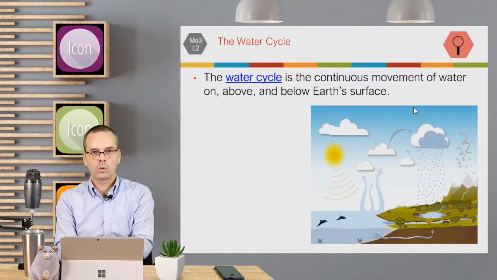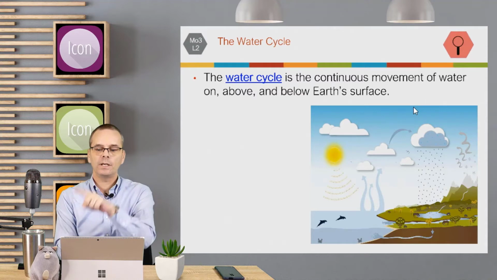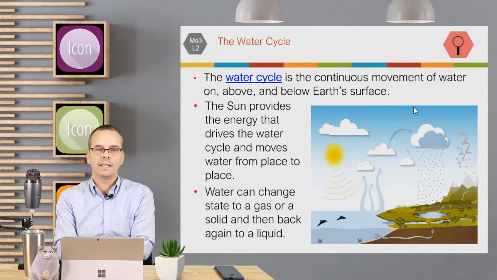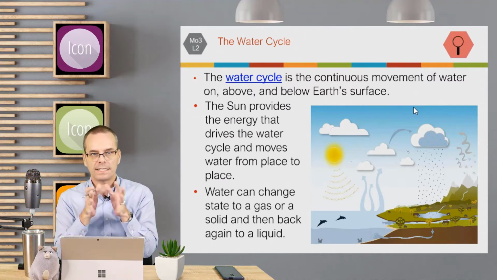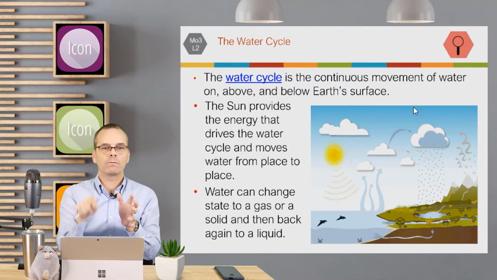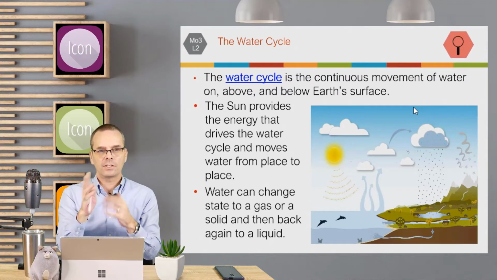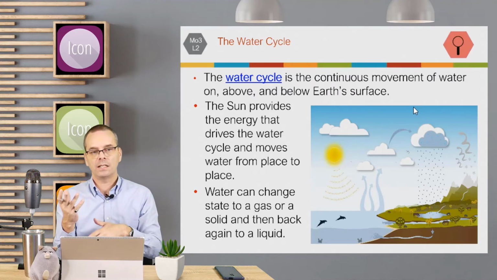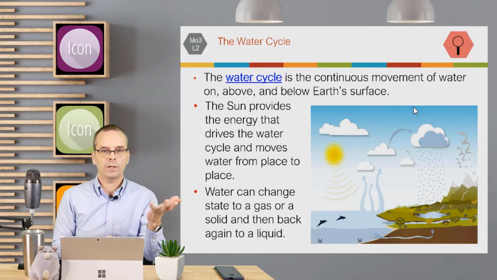So we said the water cycle is the continuing movement of water on, above, or below the Earth's surface. Now the sun is what provides the energy that drives this cycle and moves water from one place to another place. And understand that water can change state to a gas, to a solid, then back again to a liquid.